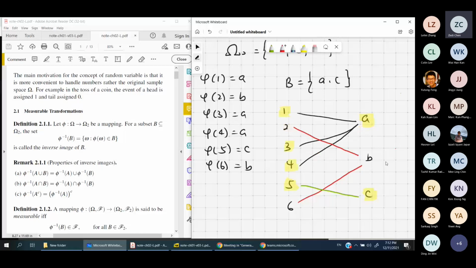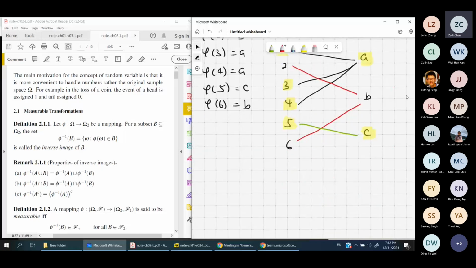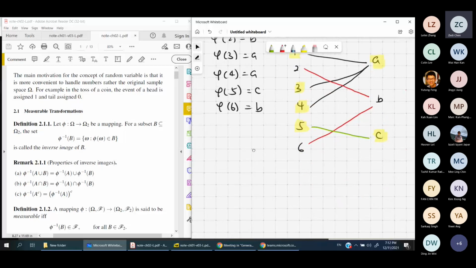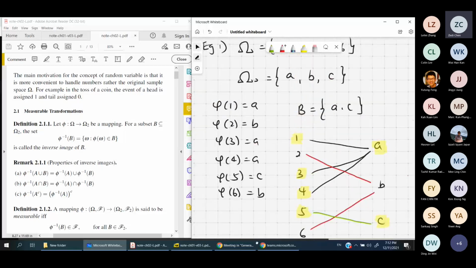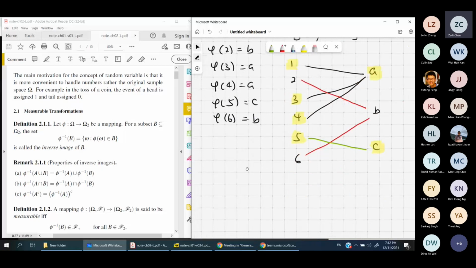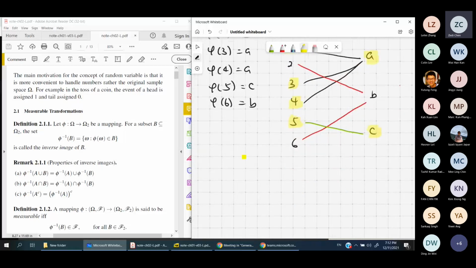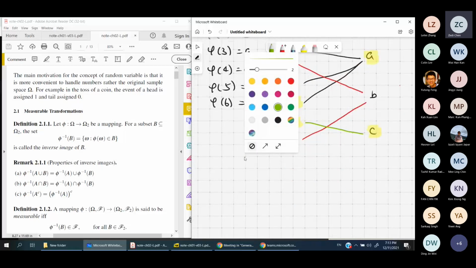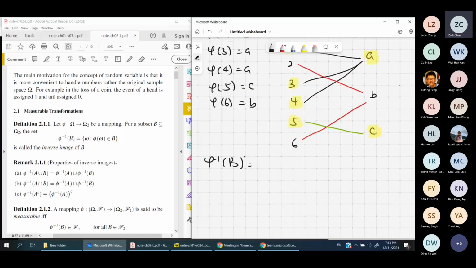So the answer for this case is {1, 3, 4, 5}. That's the simple example.